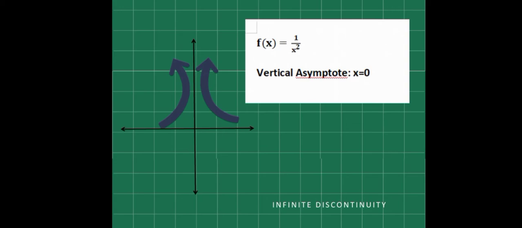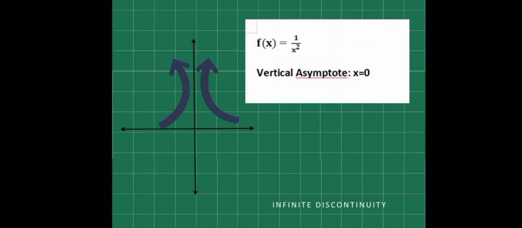Given the undefined equation, we can see that the graph doesn't meet because x is equal to 0. This is why it's called infinite discontinuity, because it continues without an end, but the line never meets, so it is a discontinuity.